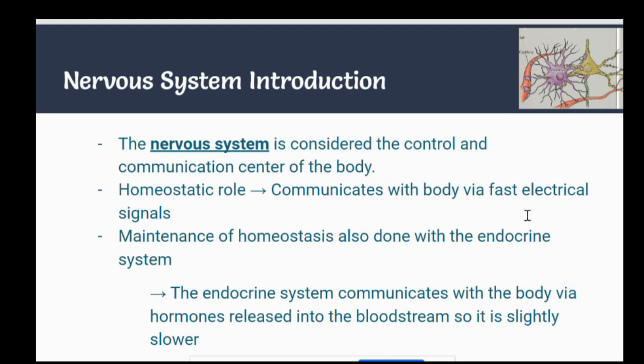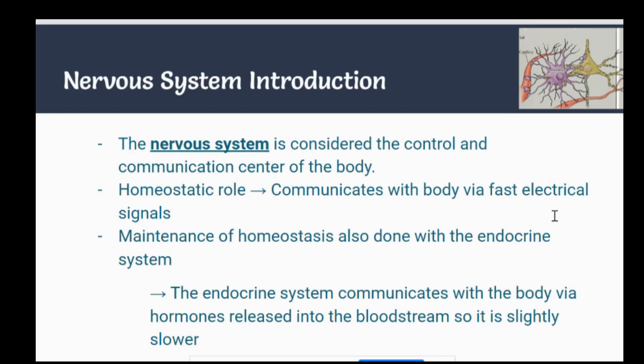And it kind of works hand in hand with the endocrine system. The endocrine system also plays a homeostatic role, helping to maintain homeostasis. But the endocrine is much slower. You guys may not have ever even done this, but the endocrine is more like putting a letter in the mail. So it's got to go through the mail.